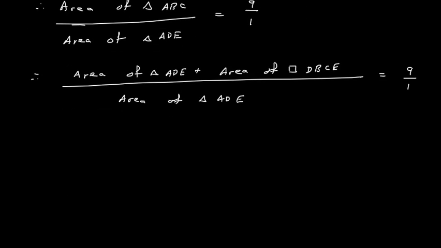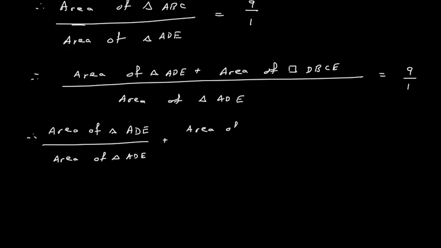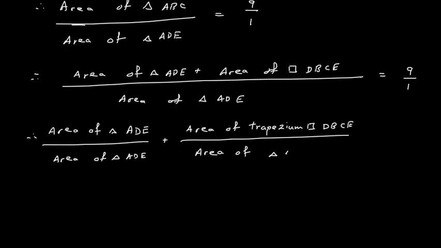Okay, now on the left side you can split them, so therefore here it is area of triangle ADE divided by area of triangle ADE plus here it is area of trapezium DBCE divided by area of triangle ADE.